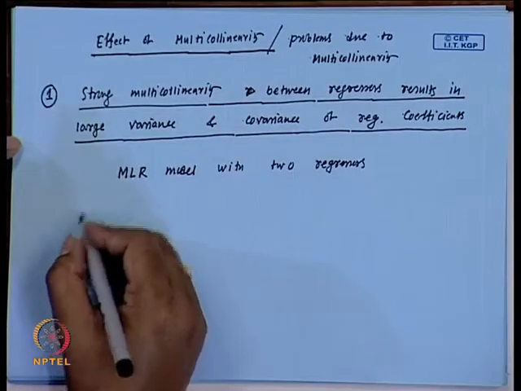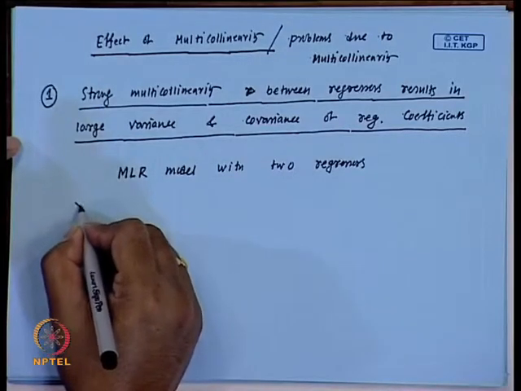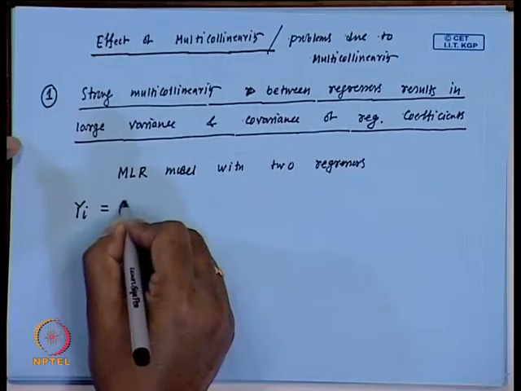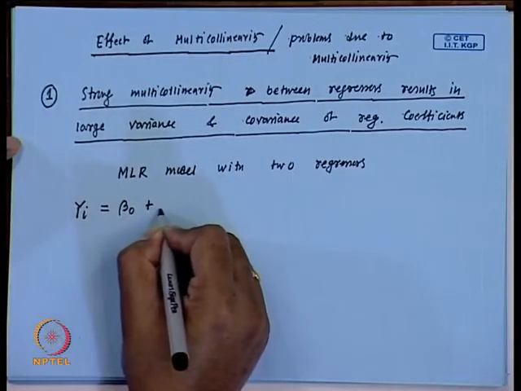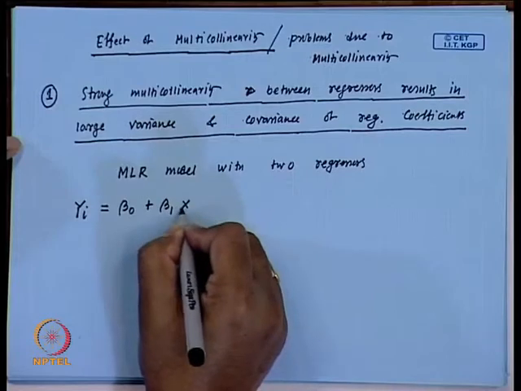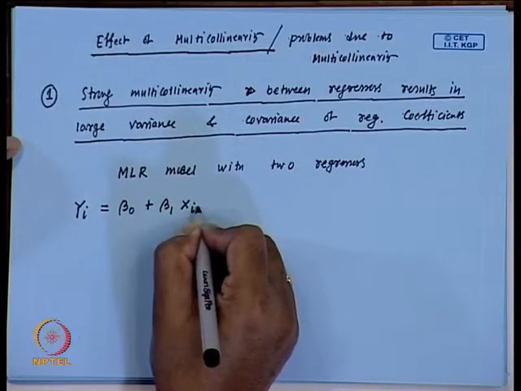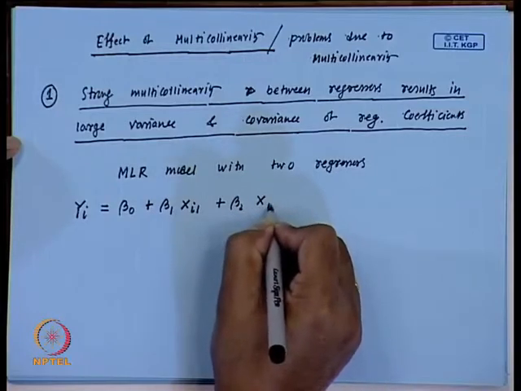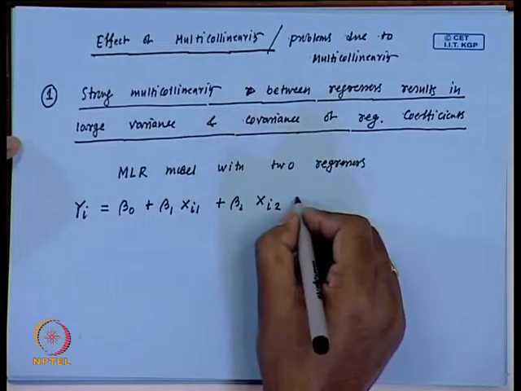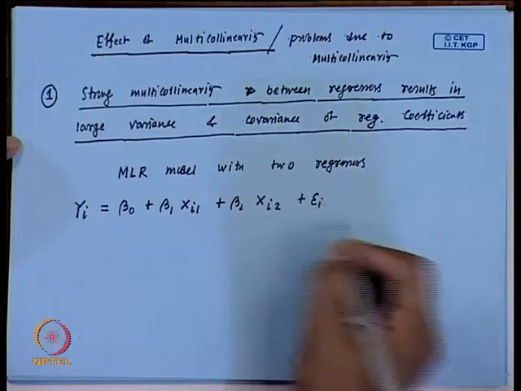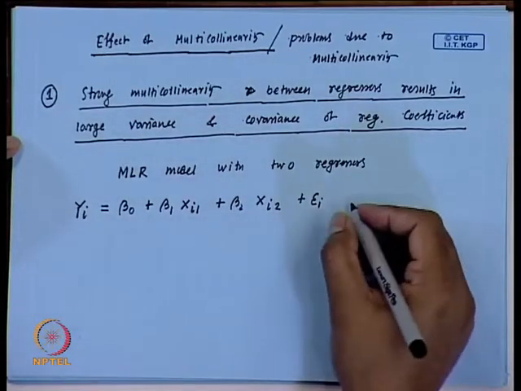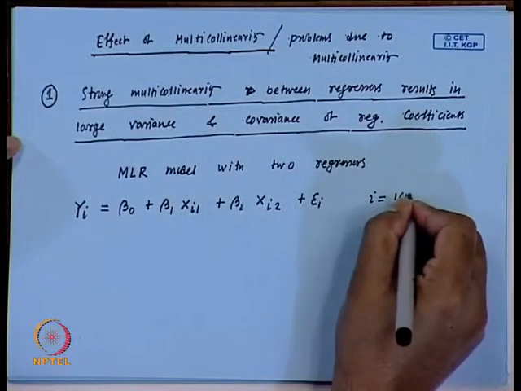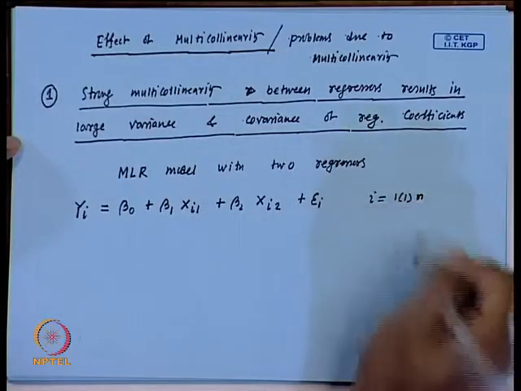So, my model here is y_i equal to beta naught plus beta 1 x_i1 plus beta 2 x_i2 plus epsilon_i. So, this i stands for the ith observation. So, i is from 1 to n.